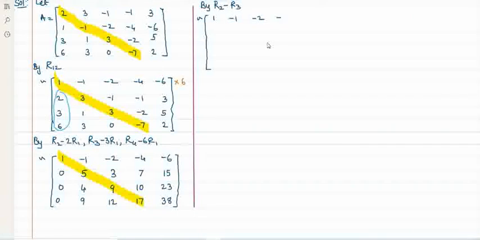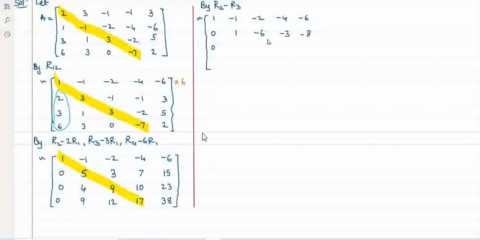minus 2, minus 4, minus 6. Now apply the transformation: 0 minus 0, 5 minus 4, 5 minus 4 is 3, minus 9, 7 minus 10. Verify the calculation: 15 minus 23 is minus 8, minus 7, minus 8.